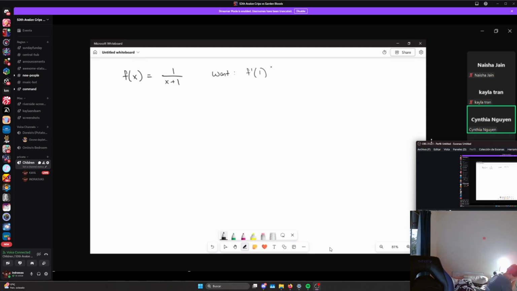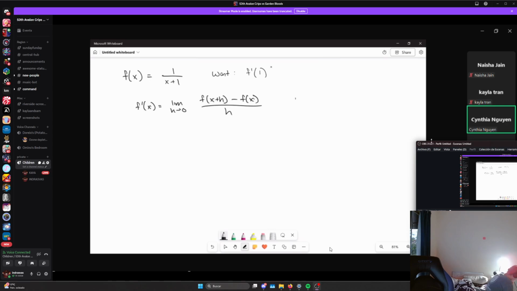That means I need the limit definition, f prime of 1 equals the limit as x approaches a. Oh, my bad. There are actually two definitions for the limit. There's this one, where f prime of x equals the limit as h approaches 0 of f of x plus h minus f of x over h.